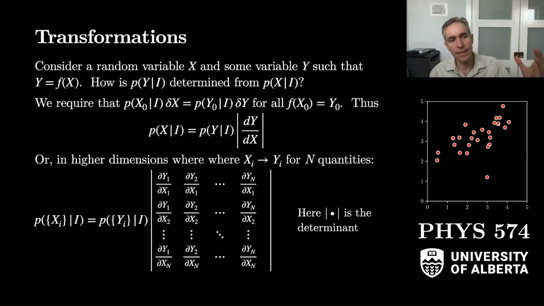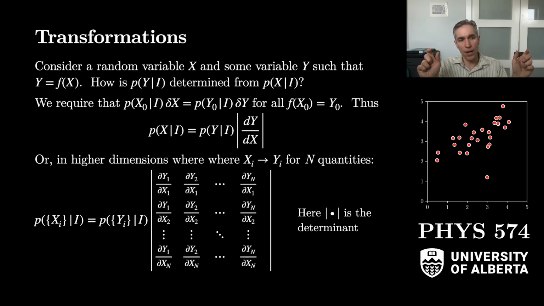So in this case, we can say, well, consider what happens if we have some p of x and p of y, and we want the probability that x is in some range delta x around x naught, and the probability that y is in some range delta y around y naught, and we want this statement to be true: that if x naught and y naught correspond to each other, then those probabilities should correspond to each other.